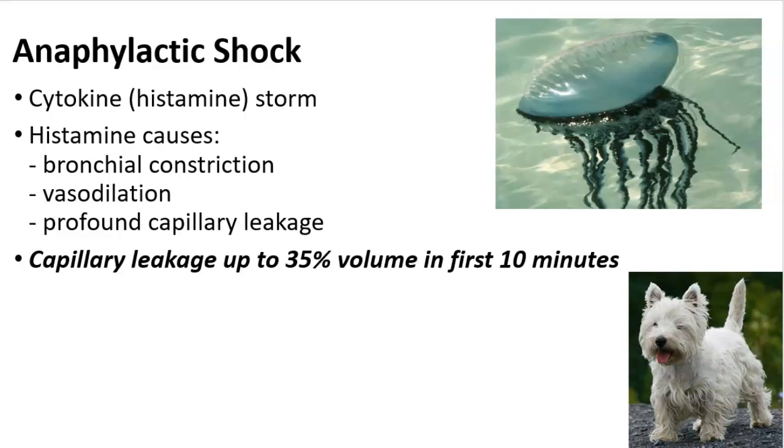And remember, histamine also increases vascular permeability, which allows the fluid to shift out of the intravascular compartment, causing edema. Mast cells also release tryptase, which breaks down the proteins and causes local tissue damage. So it is absolutely a potential that a person could lose up to 35% of their volume out of the intravascular space in the first 10 minutes.